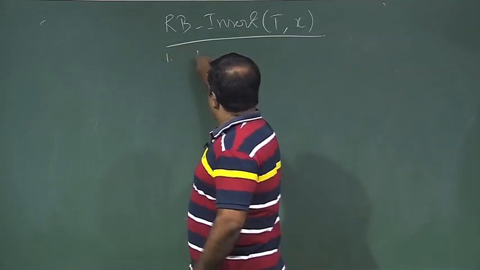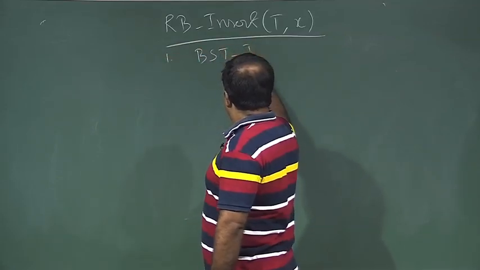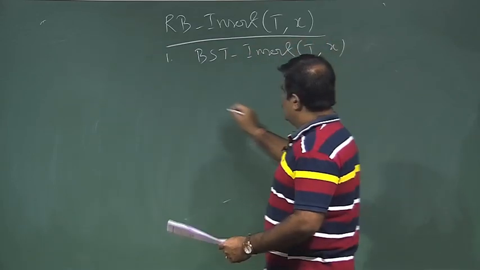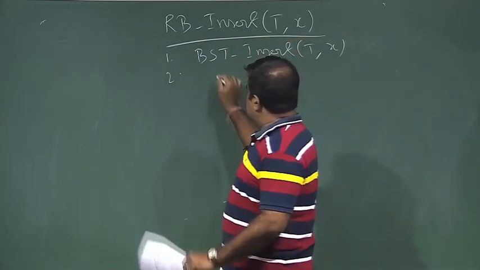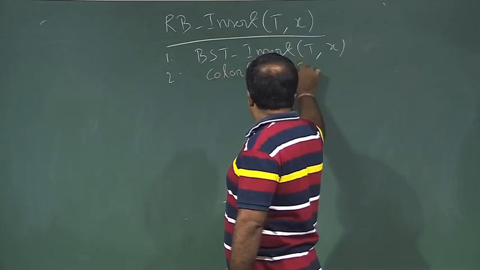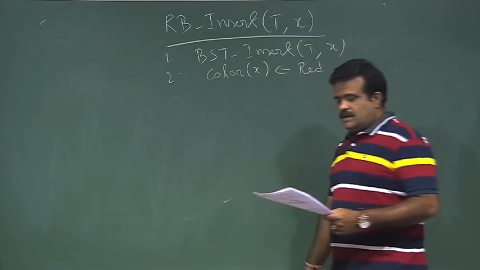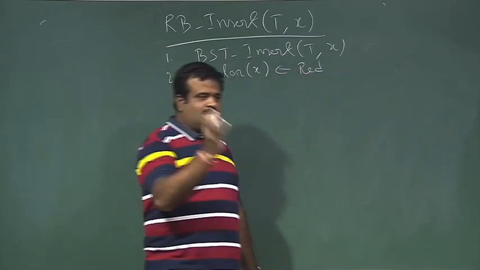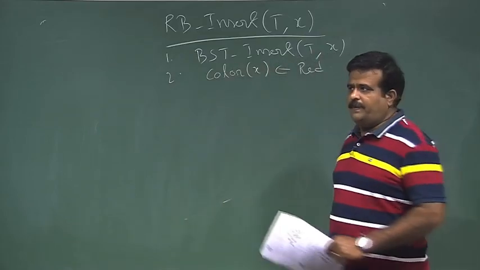Okay, so first of all you have to do the BST insert. Then we have to color the node. We prefer to give it the red color. Now if we give the red color, it may violate only one property: the parent is also red.